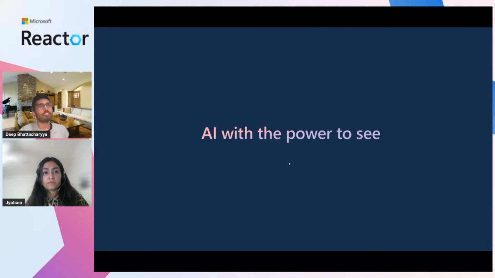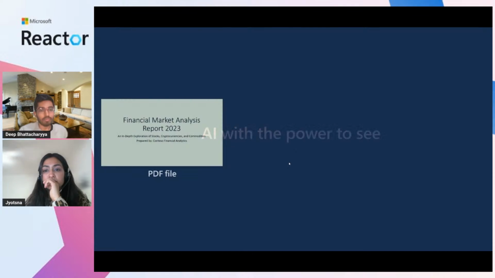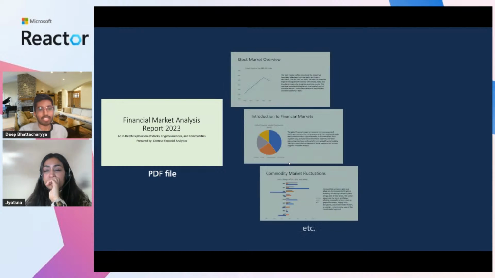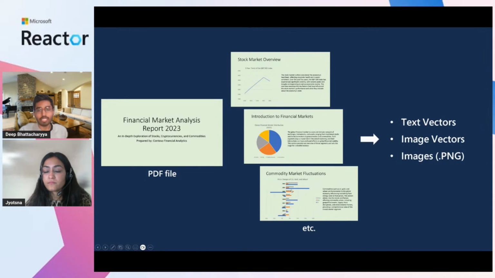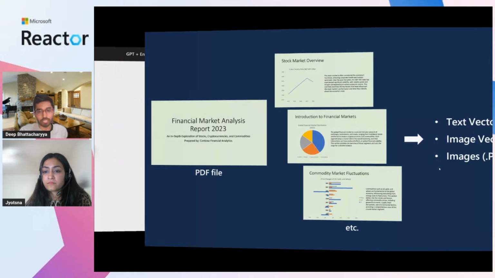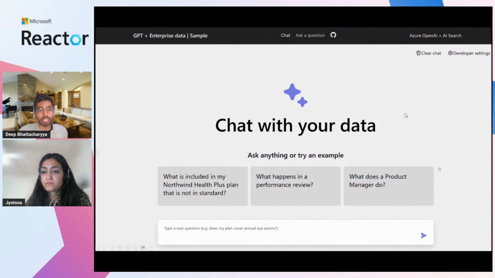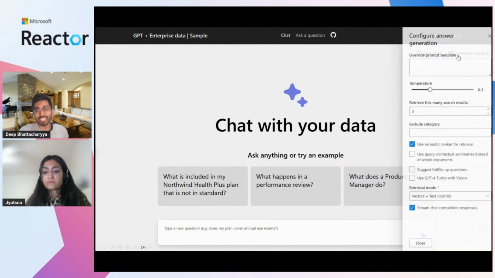What this lets you do is generate embeddings for images. So for example, if you take a PDF file like this with certain charts in it depicting different parts of your business, you can generate different forms of vectors: text vectors, image vectors, and images. The GPT-4 model can then use those vectors in order to answer questions.